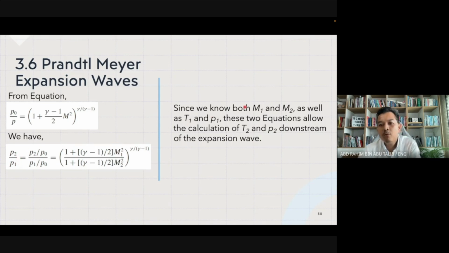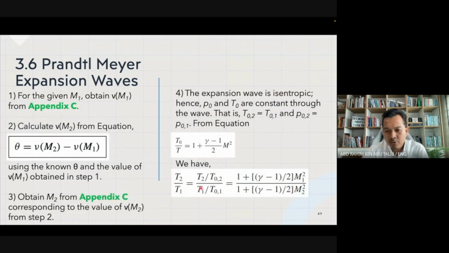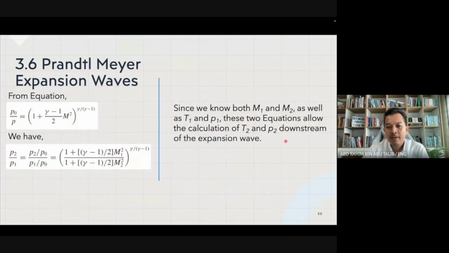Since we know both M1 and M2 as well as T1 and P1, these two equations, the pressure ratio equation as well as the temperature ratio equation, allow us to calculate T2 and P2 downstream of the expansion waves.